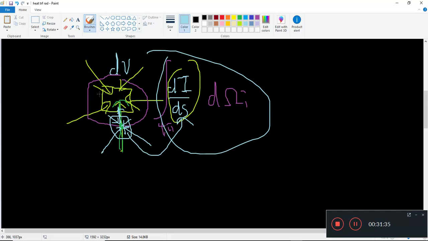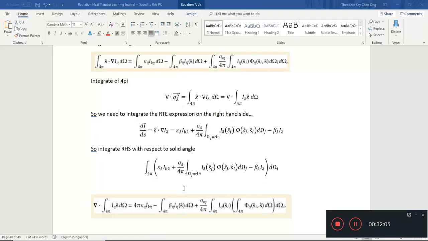That's why we are integrating twice with respect to d omega. The first one is to account for in-scattering. So the omega j is over here as shown for this particular arrow. And so one omega j is to calculate for the di ds, which represents this arrow. And we have to sum up all the di ds, all these little arrows around the volume dv, in order to calculate this divergence of heat flux.